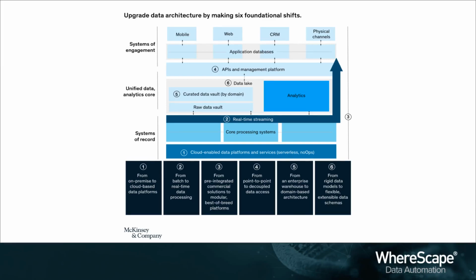And that's where we start talking about things like data fabric. The last point is to go from a rigid data model, like a relational data model, to flexible, extensible data schemas. And this is where we see things like Data Vault, for example.